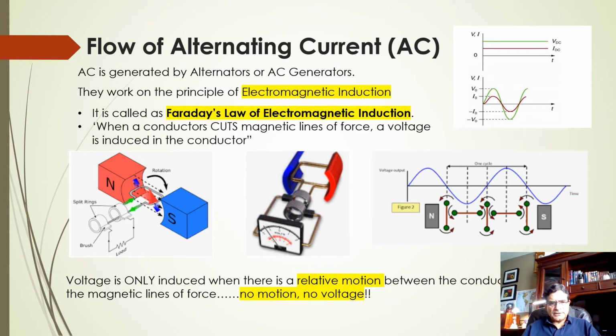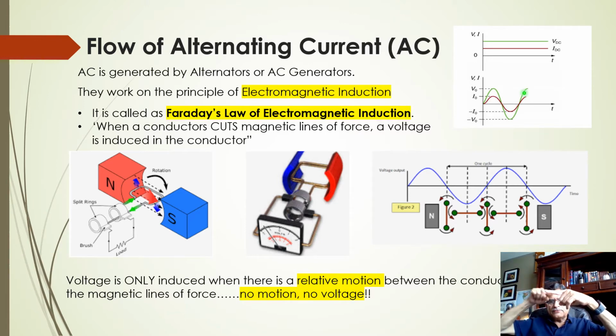AC, in contrast, is different, as we have seen. Time, the voltage and the current. Here AC flows in one direction, from 0 to maximum, then maximum to 0, and then switches or reverses its direction, and then again goes to the maximum, then again to 0, and then again switches back. So remember, this is the wire.